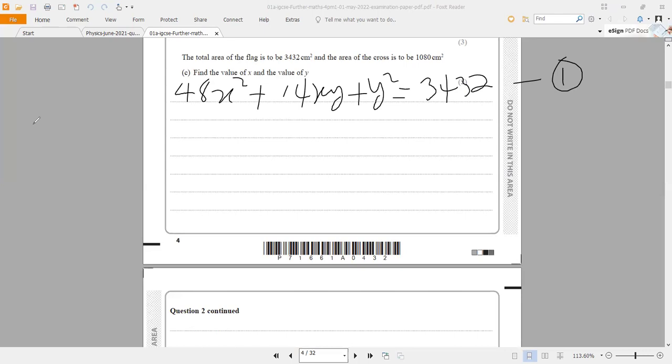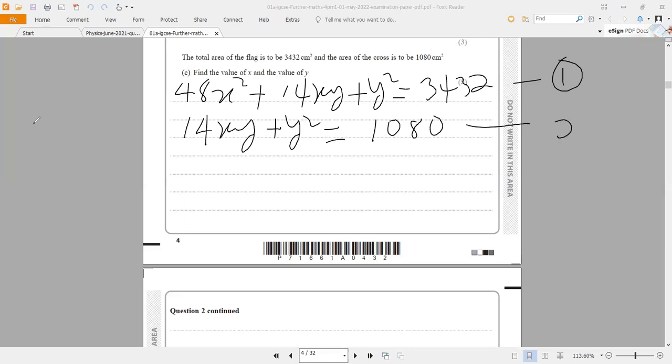And the other one for the cross, we have 14xy plus y squared equals 1080. We are now required to find the value of x and y.